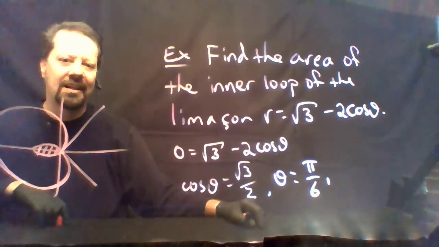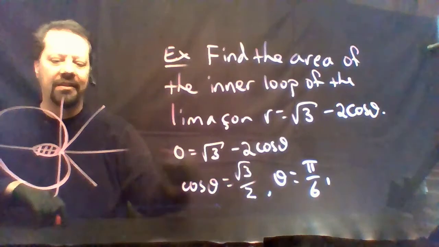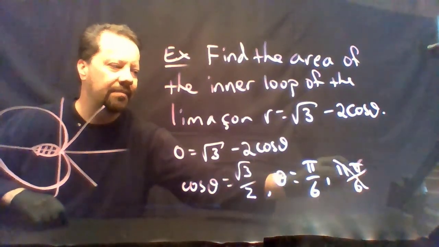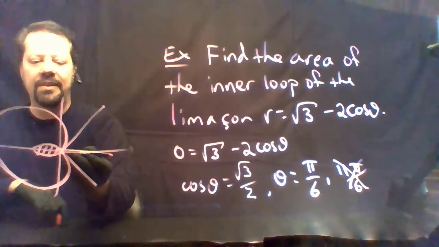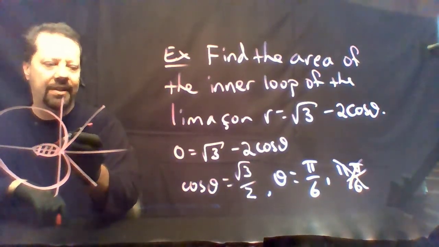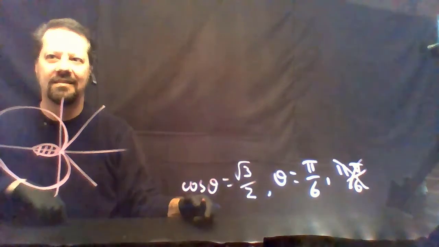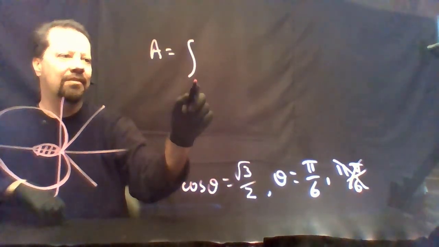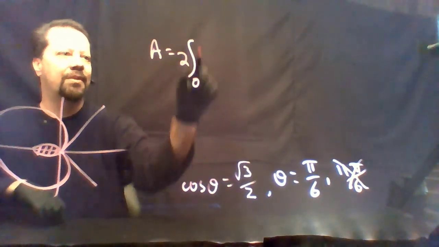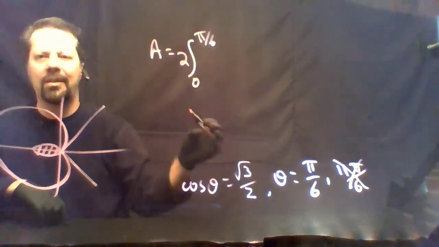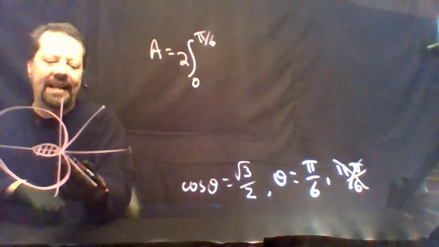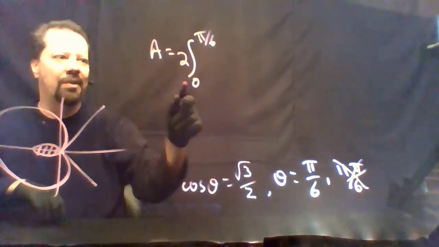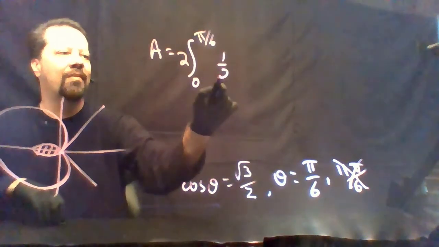Instead, we should forget about this 11 pi over 6, integrate from 0 to pi over 6, and then double it. The area is going to be twice the integral from 0 to pi over 6. Alternatively, one could integrate from negative pi over 6 to pi over 6, but it's just simpler to double the integral from 0 to pi over 6.